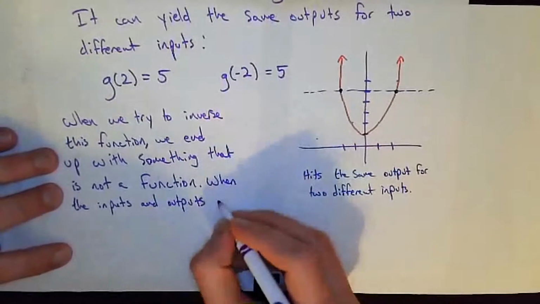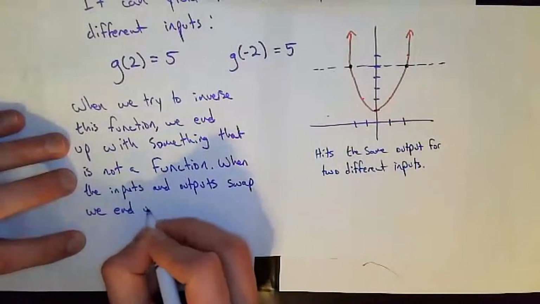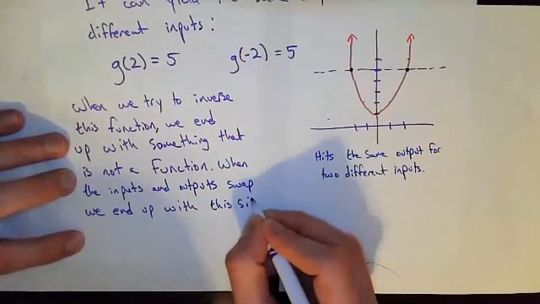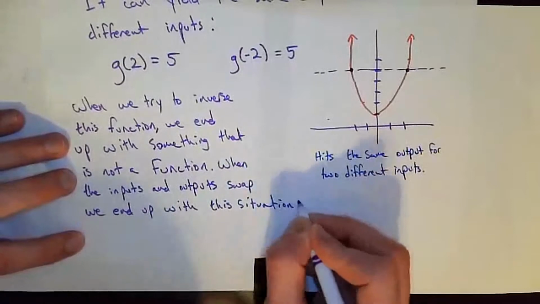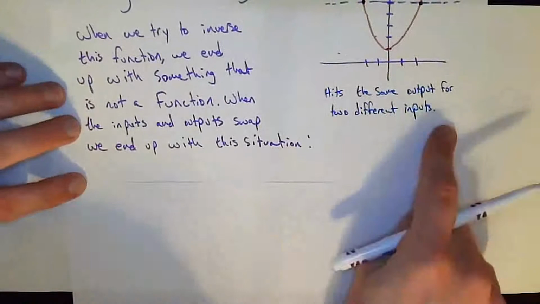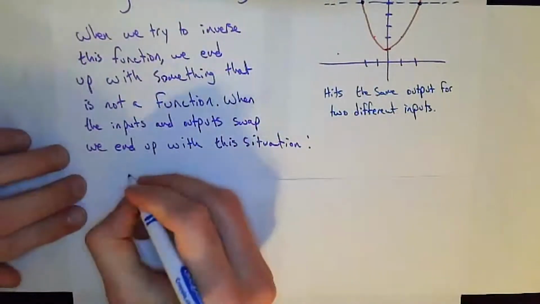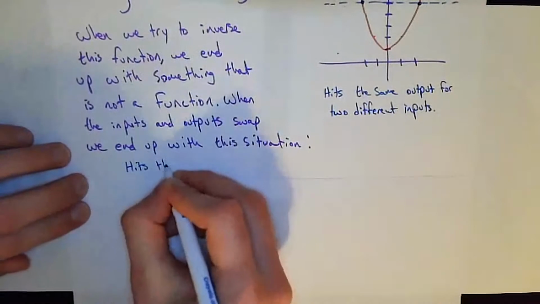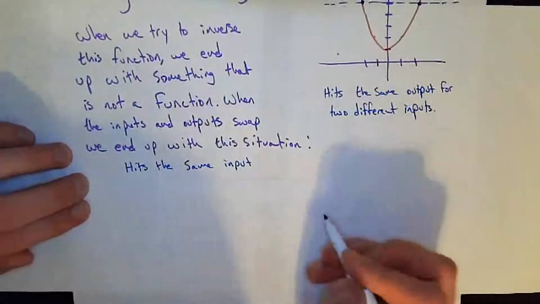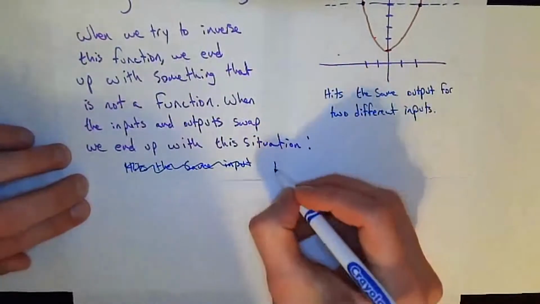So when the inputs and outputs swap, we end up with this situation. And I'm going to write it. It's this thing that I wrote in blue over here, except inputs and outputs are swapping. So I'm going to say hits the same input. No, wait, that doesn't make sense grammatically. I'll say it this way.